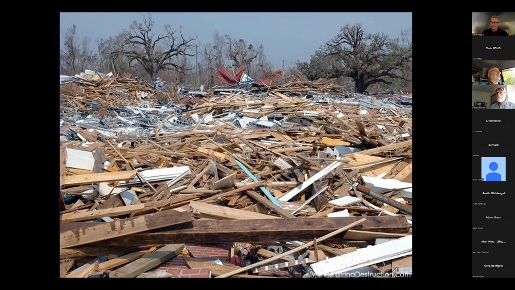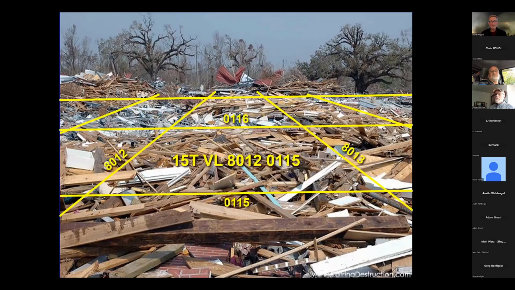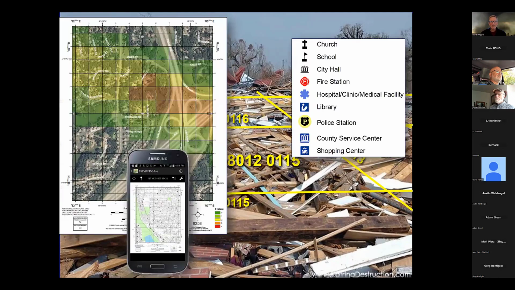Now you get involved in a search and rescue operation in this, how do you track your progress? Well, once we use GPS and the national grid, it starts to give us a framework overlaid on top of this mess. And then we couple that with maps that show how things were before the event occurred, and include things like key resources, critical infrastructure, and vulnerable populations.